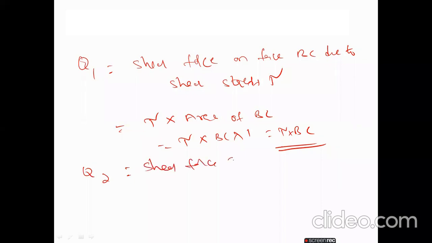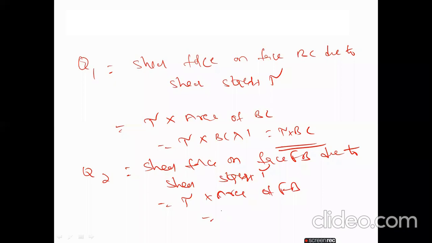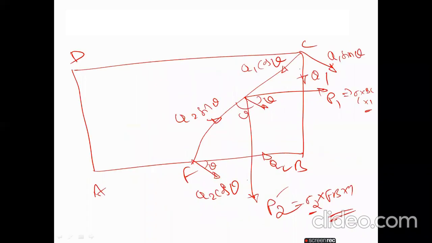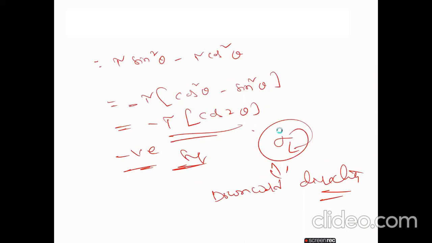Shear force on face FB due to shear stress tau, so tau into area of FB. So you will get tau into FB. So you will see here, these are BC and FB, only these two conditions. This is Q1 and this is Q2, same as we calculated in the previous one.